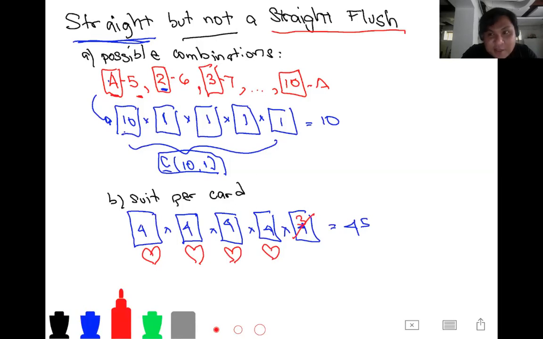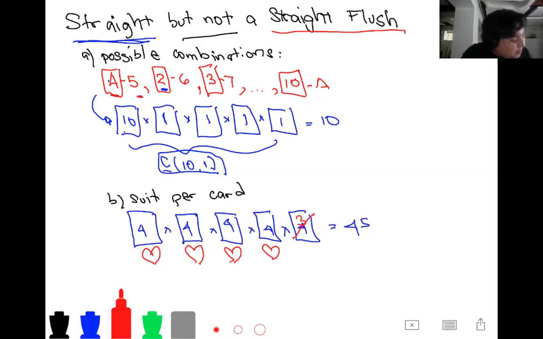So if the first 4 turn out to be all from the same suit, then you have to restrict the last card to make sure that it does not come from the same suit. Otherwise, there's a chance that it actually turns out as a straight flush. Not saying that it's a bad thing, it's actually a good thing because a straight flush is definitely rarer than a straight. All right, so here you have 3.